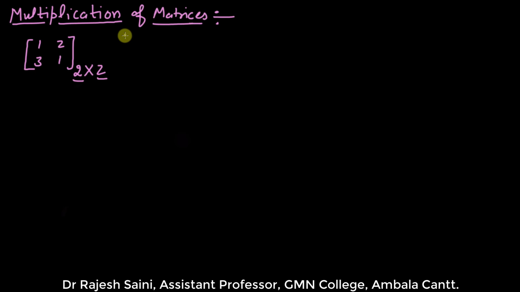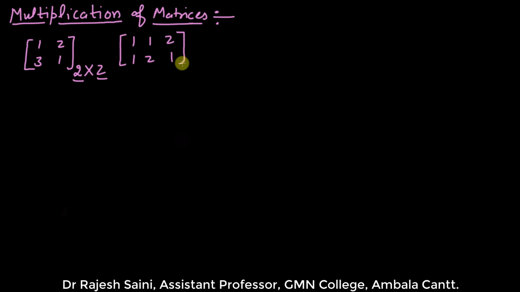If we multiply it with any other matrix, make sure that it has the number of rows equal to 2, which is this matrix's column count. Like we have 1, 1, 2, 1, 2, 1.